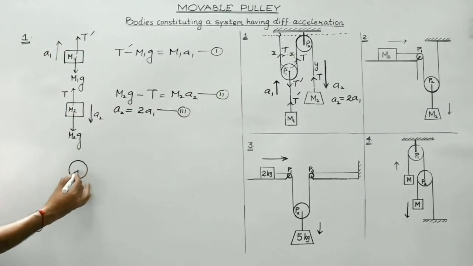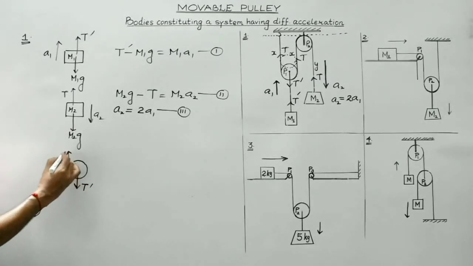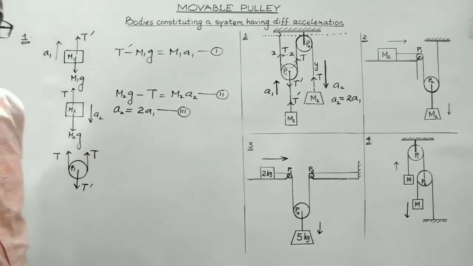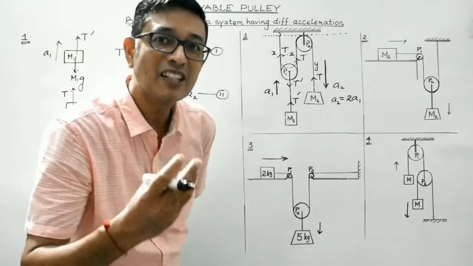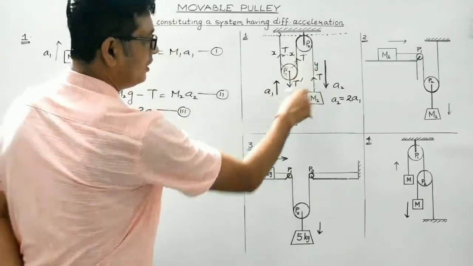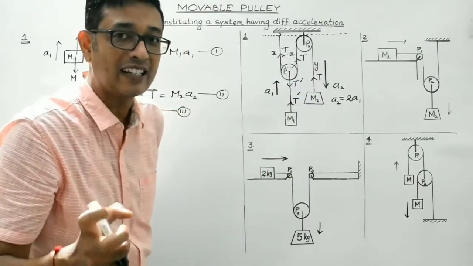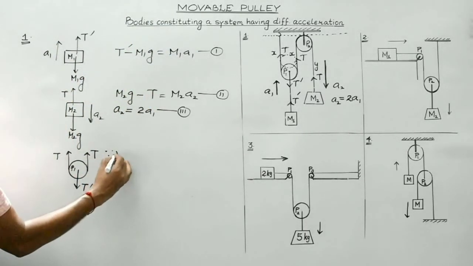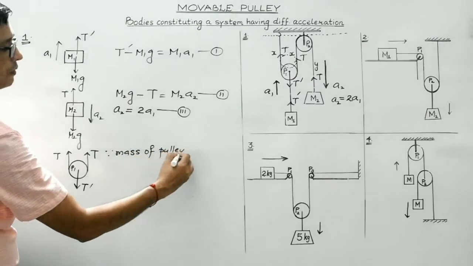This is the pulley. The force acting on pulley P1 is T dash in the downward direction and 2T in the upward direction. Now students, we have considered the pulley to be massless, isn't it? All the pulleys are considered to be massless and frictionless. Therefore, the net force acting on the pulley is 0, since mass of pulley is negligible.